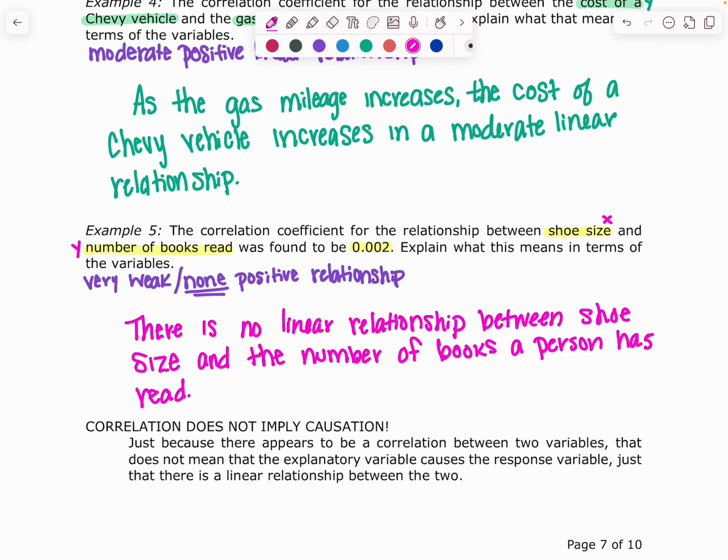Which makes sense. The people with bigger feet don't read more or less than people with smaller feet.